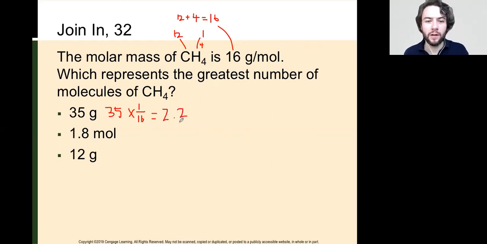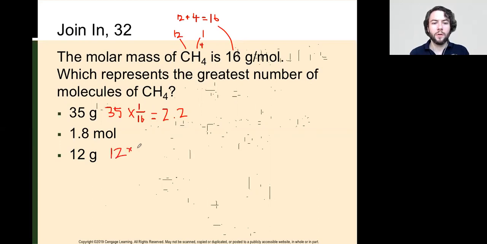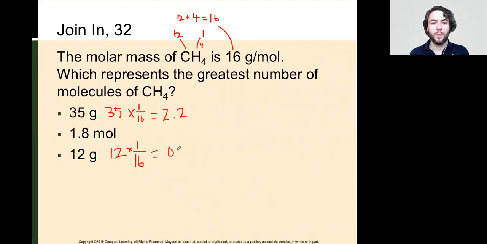I don't have a calculator right now. So that's going to be 2.2 moles. That's larger than 1.8. 12 grams is less than 16 grams, so 12 times 1 over 16 is going to be equal to 0.75, which is the smallest. So this one is going to be the largest.